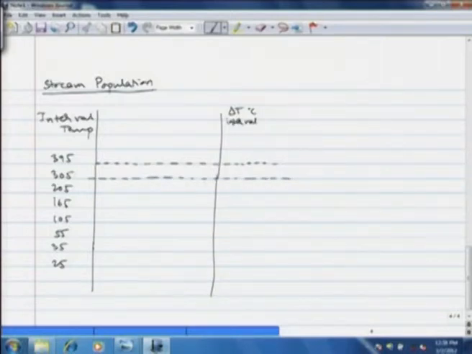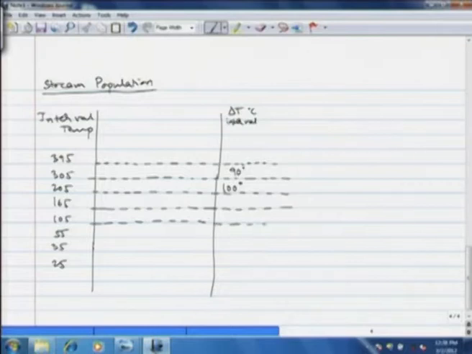In the first temperature interval 395 to 305, so 90 degrees, then 305 to 205, that is 100 degrees, and then we can write the further intervals. I am giving the values now directly.